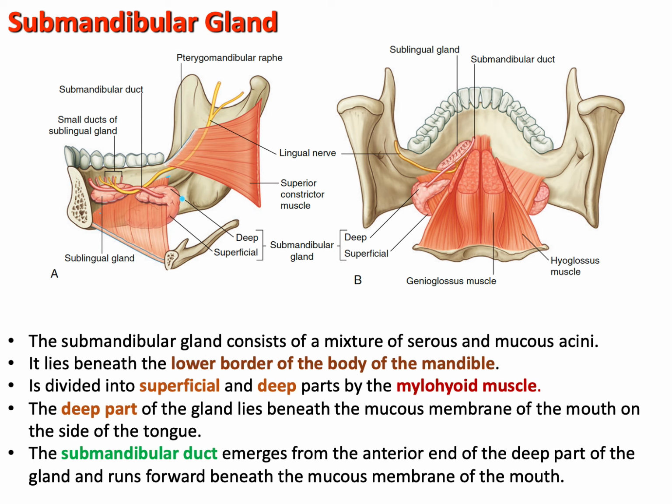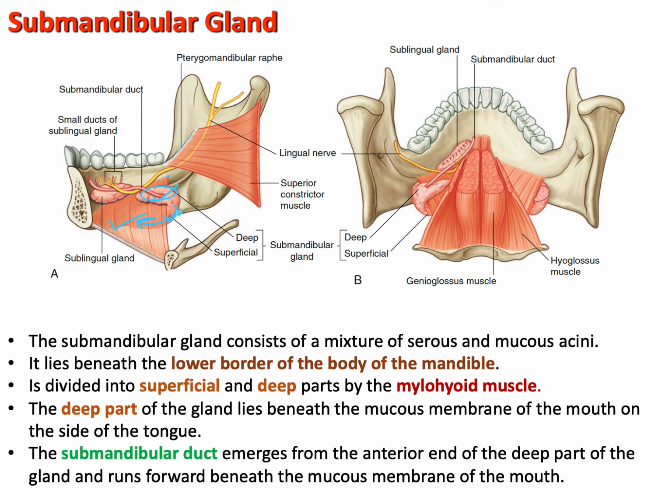And guys, it's divided into a deep part and a superficial part, related, of course, to the mylohyoid muscle. That means the mylohyoid muscle divides the submandibular gland into a deep part and a superficial part.